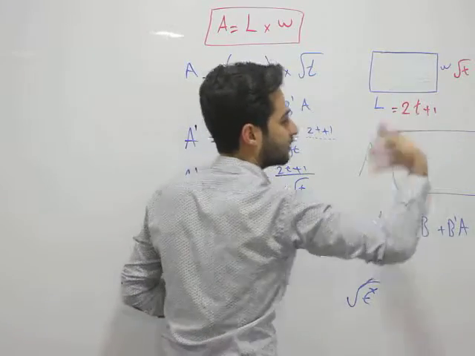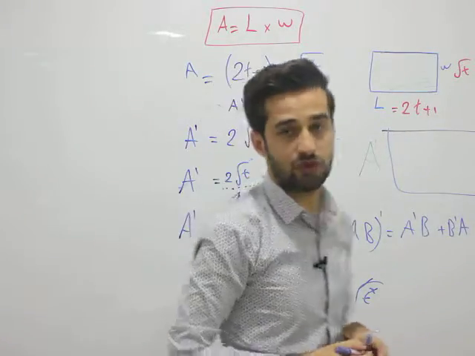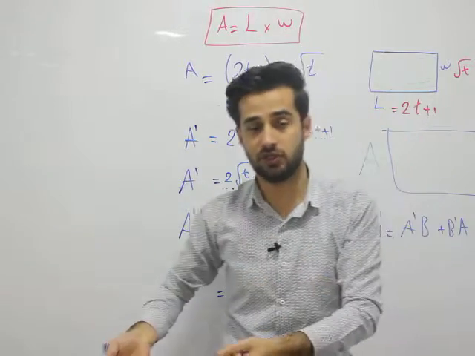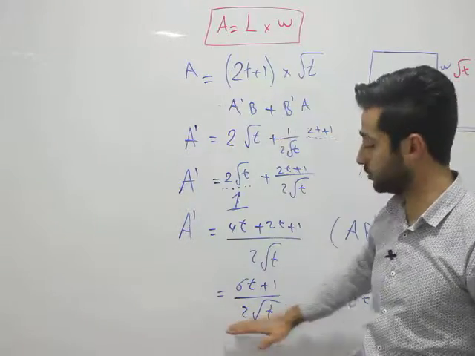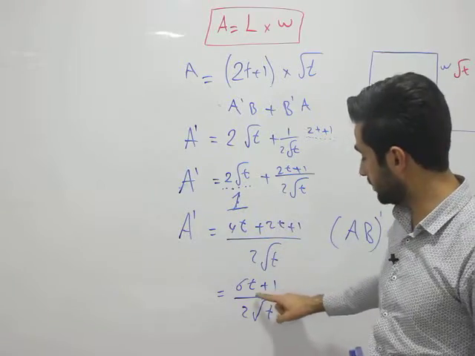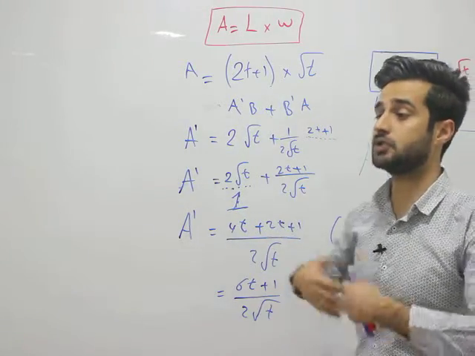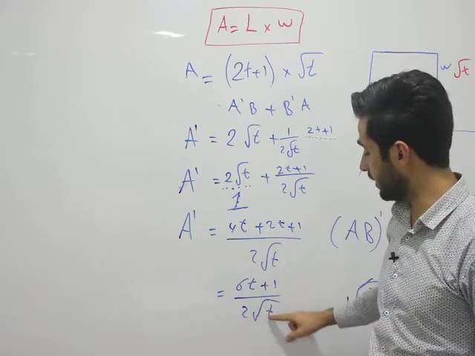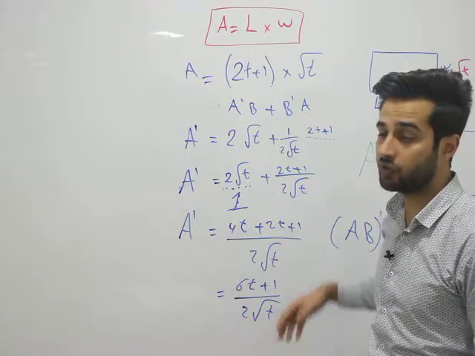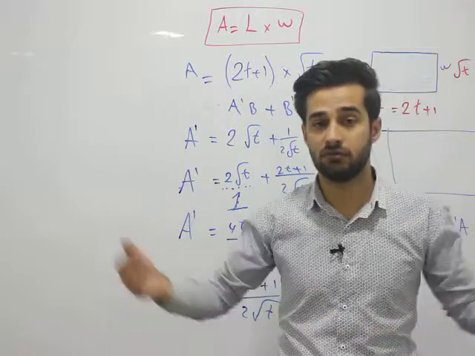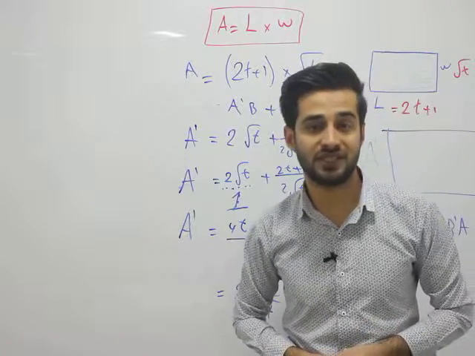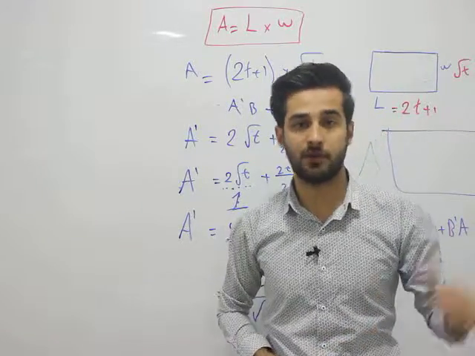After 3 seconds it will be even bigger. So it will be bigger, bigger and bigger. So we found a rule for this. After 2 seconds you can put 2 in the place of t. You can put 5. After 5 seconds our rectangle maybe becomes like 15 meters per second.